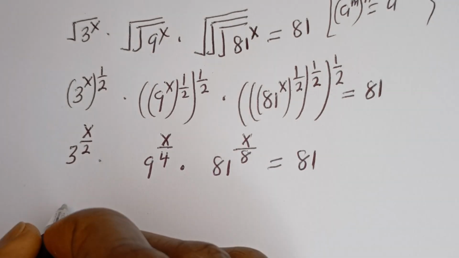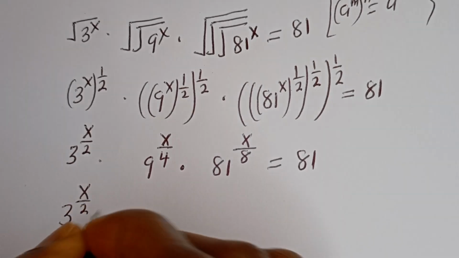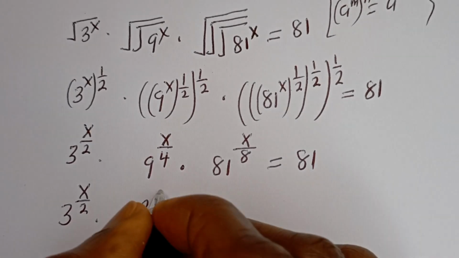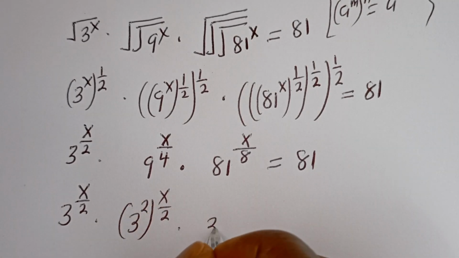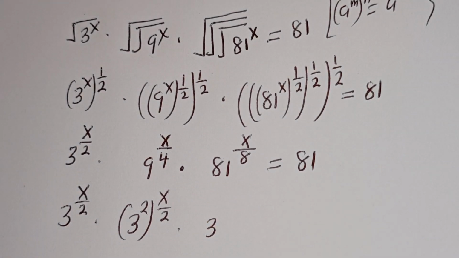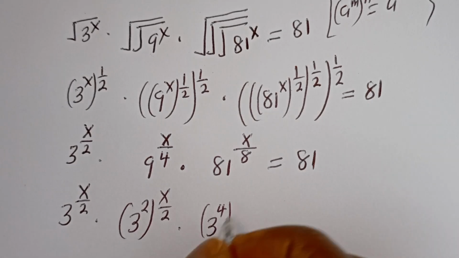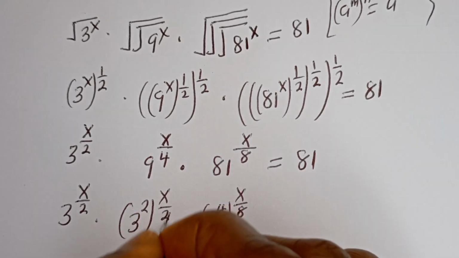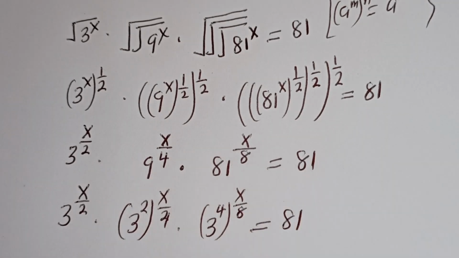Then this can be written as 3 to the power of x over 2 multiplied by 3 squared to the power of x over 2 multiplied by 3 to the power of 4 to the power of x over 8, this is x over 4, not over 2, is equal to 81.